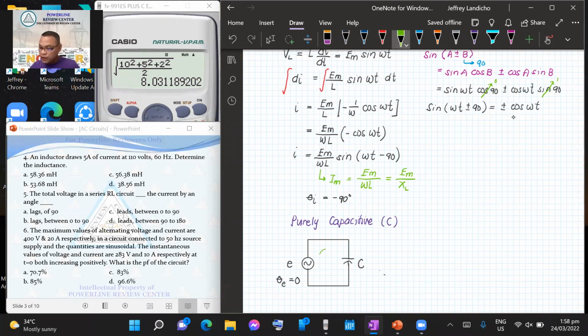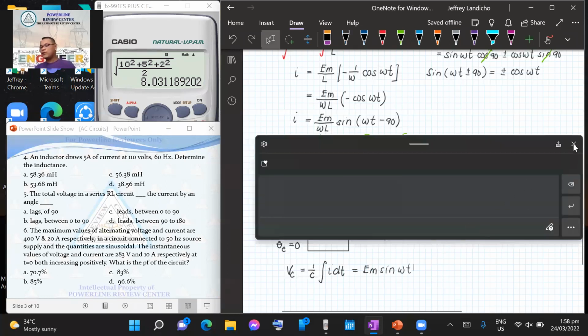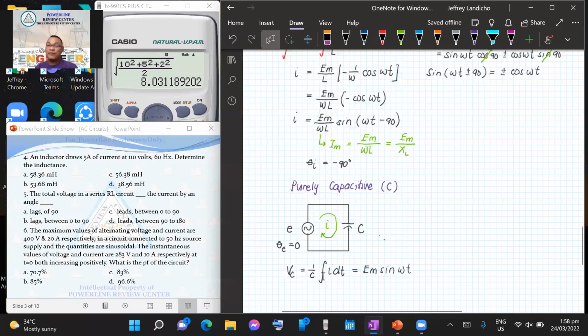So we have now the circulating current I. I will not derive this. We just know that the voltage drop across the capacitor is always equal to 1 over C integral of I dt, which is equal to our source voltage. Our source voltage is E sub m sin omega t. So to get the current, what will you do? You differentiate. Okay? I will not differentiate it here.